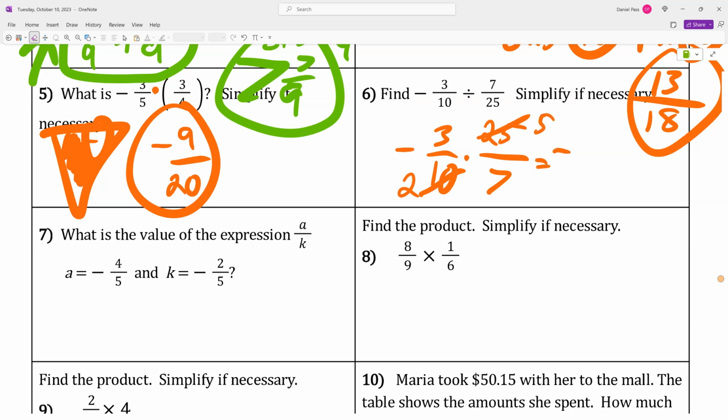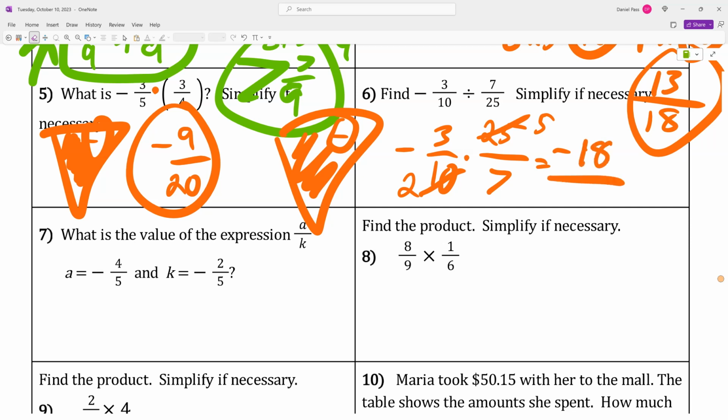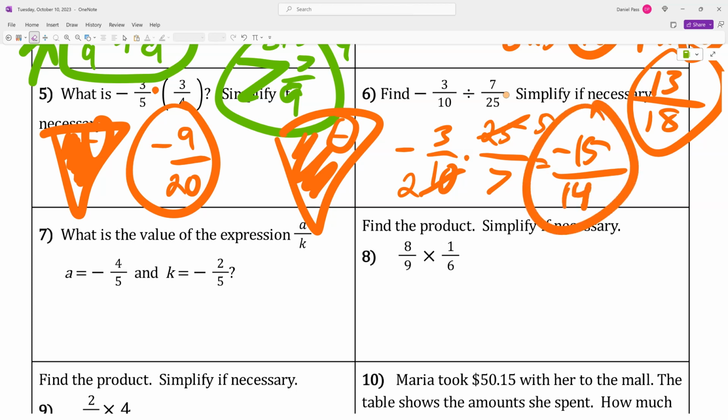We get negative, because negative times positive is a negative. 5 times 3 is 15, and 2 times 7 is 14. So you can have that, or you could make it into a mixed number, negative 1 and 1/14. Either way. 15/14 is okay too.